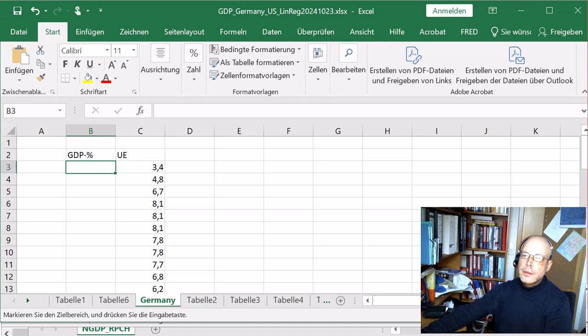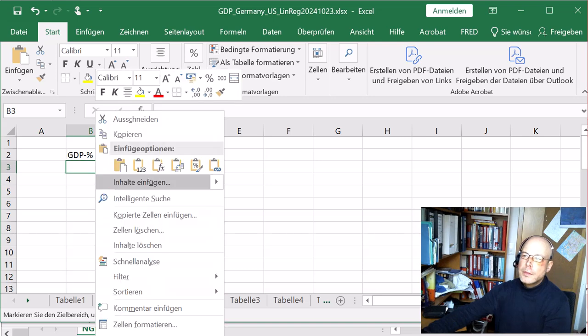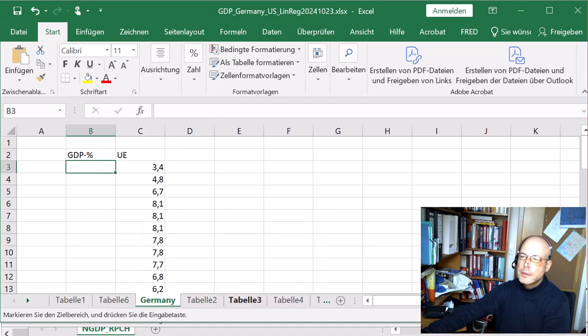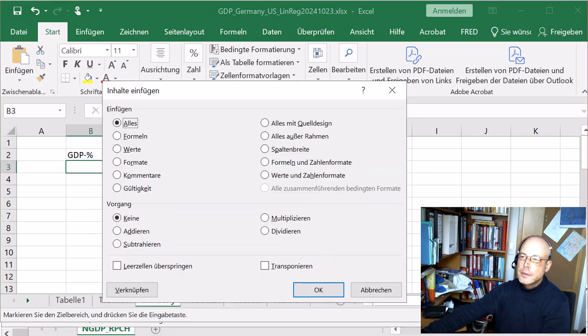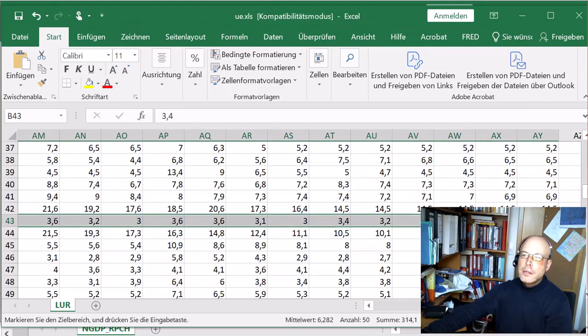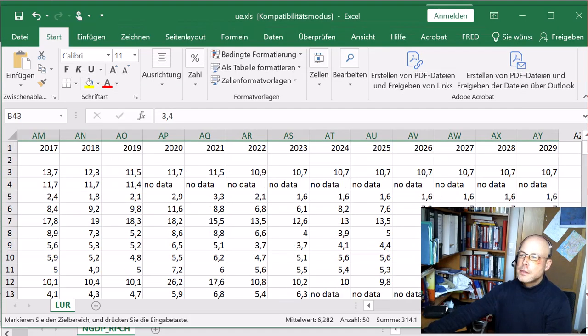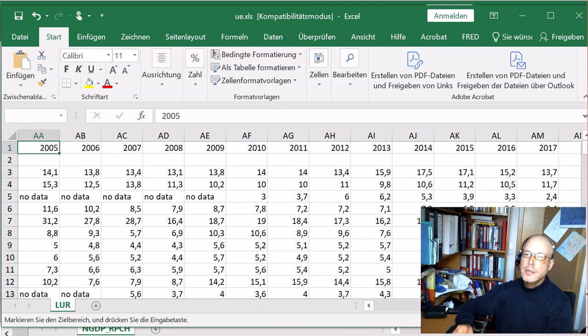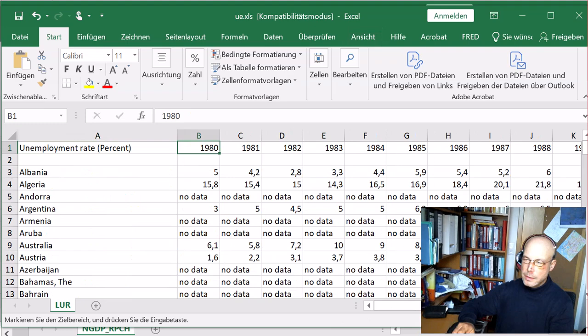And also transpose data. And only the data. And the data starting at 1980, I think. Yes, I'm right.